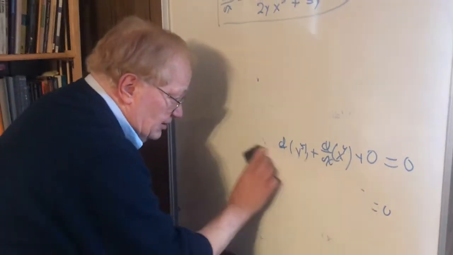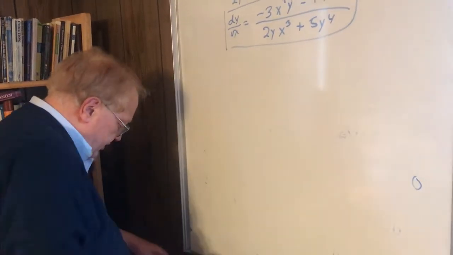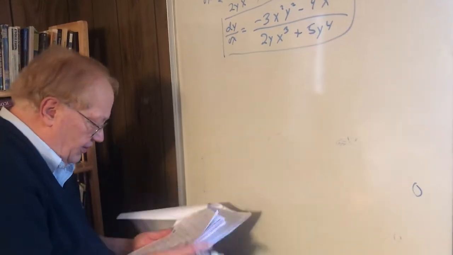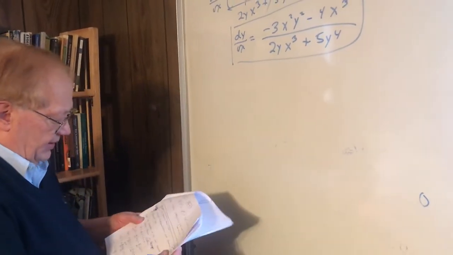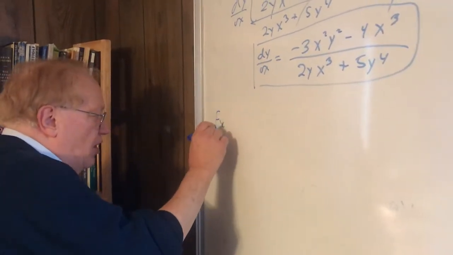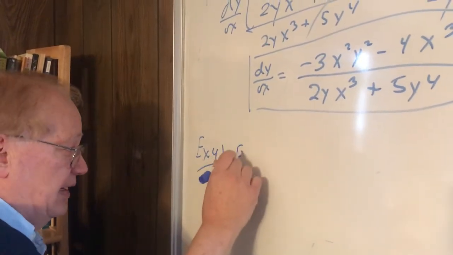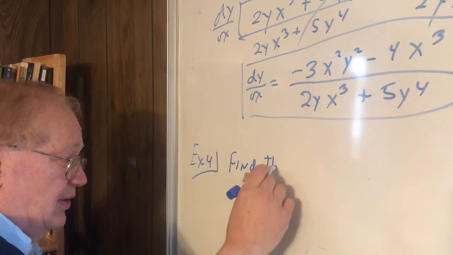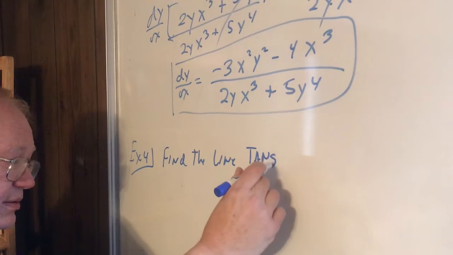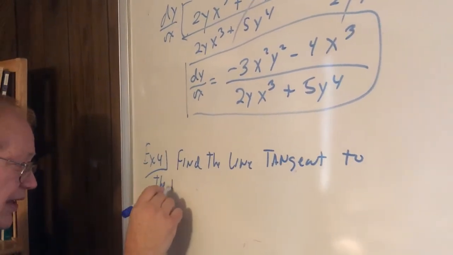Now let's take a more practical problem, one in which we will substitute some numbers. This is a problem that a lot of people don't like. But let's do example 4. Okay, let's find the line tangent to the following function.